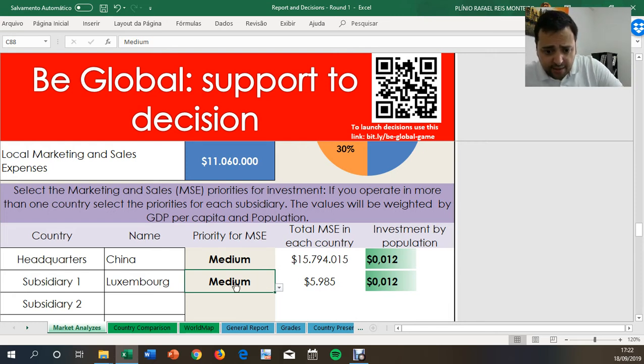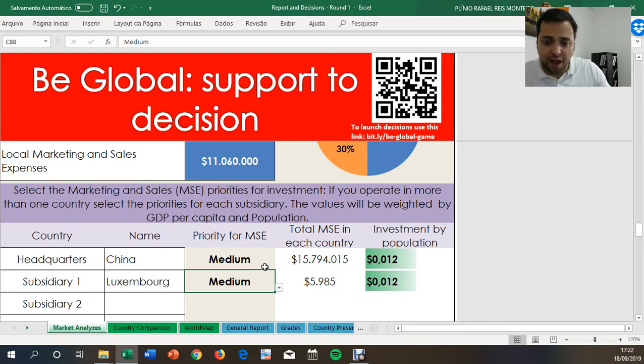Luxembourg is a very small country, even smaller than Belo Horizonte, so you don't need to invest a lot of money to achieve the same percentage of people, the same number of people.